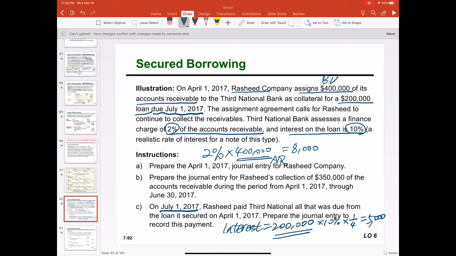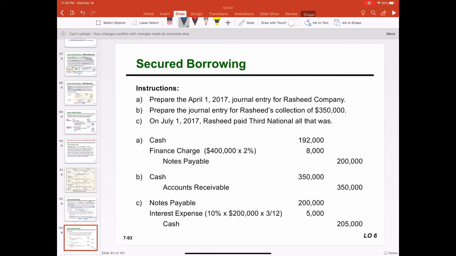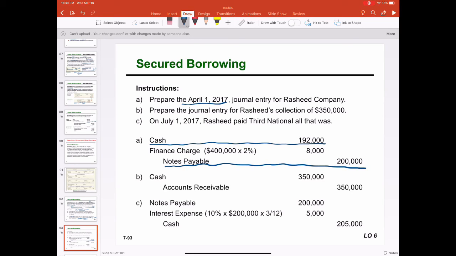So the journal entry is on the next page. First, on April 1st, the firm has a loan, so that's a liability. But its net proceeds are less than the liability. Why? Because there is a charge in advance. Then the second is whenever the firm collects any amount of receivables.